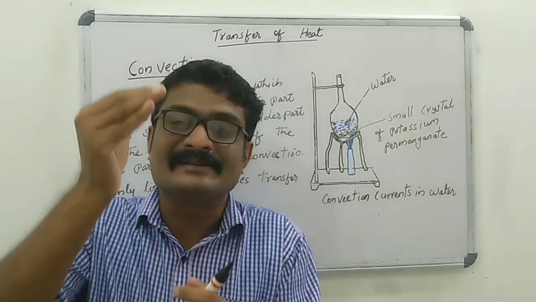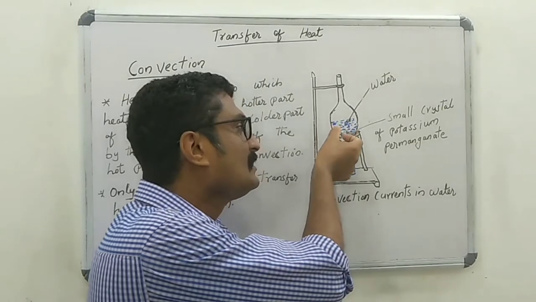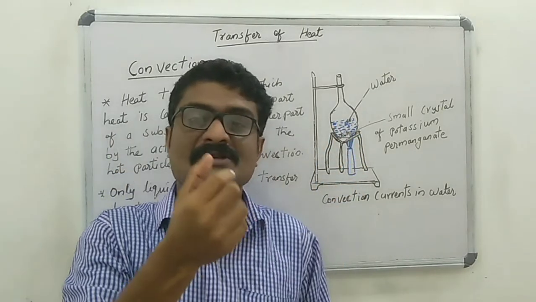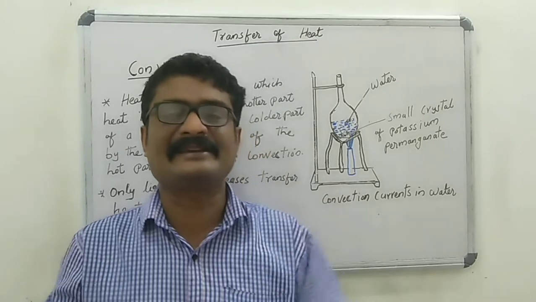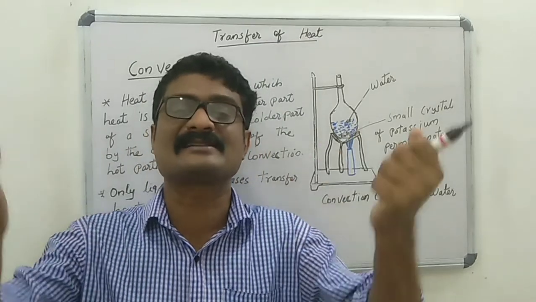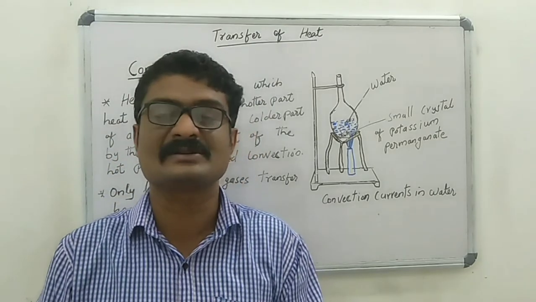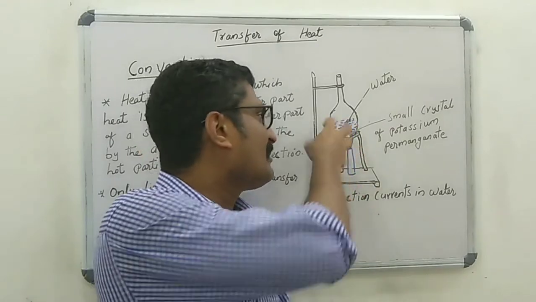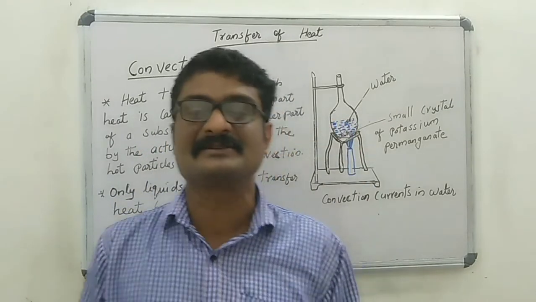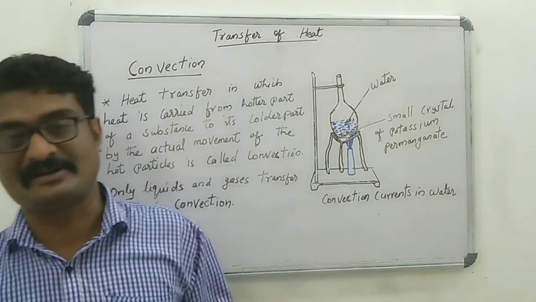Then the cold water from the surroundings moves down, gets heated and rises up. This process continues until the entire water in the flask attains a uniform temperature.